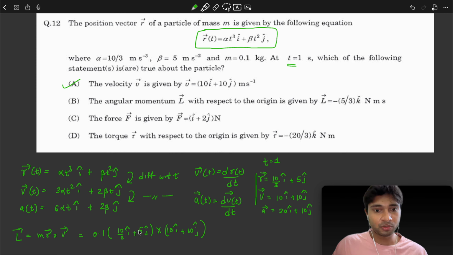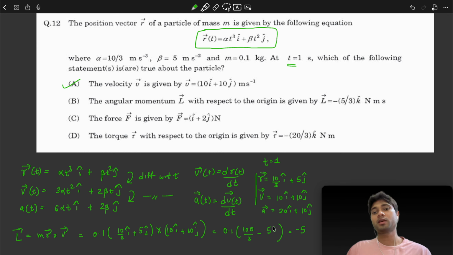If you do the cross product, i multiplied by j gives 10 by 3 into 10, which is 100 by 3, minus 5 into 10, which is 50. So this will be 0.1 times minus 50 by 3, sorry, 150 minus 100... that is, minus 5 by 3. So the angular momentum is minus 5 by 3, which is right. So minus 5 by 3 is correct.